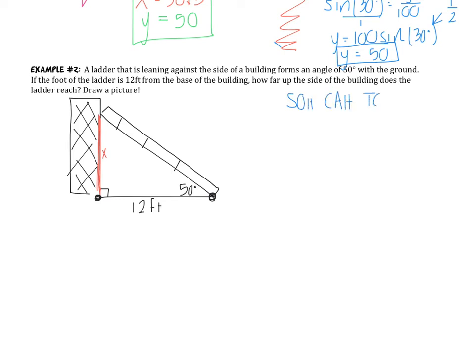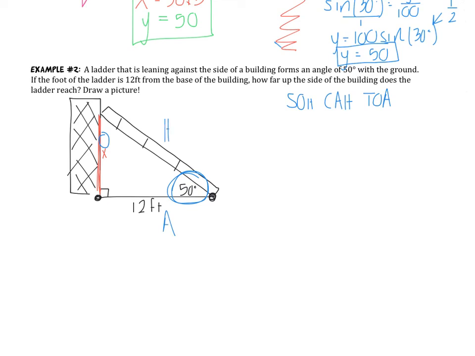Always a good idea to use trig when you don't have a special right triangle. So if you don't have 30, 60, 90 or 45, 45, 90, trig is the best way to go. This is my angle of focus. So this makes my opposite, adjacent, hypotenuse.